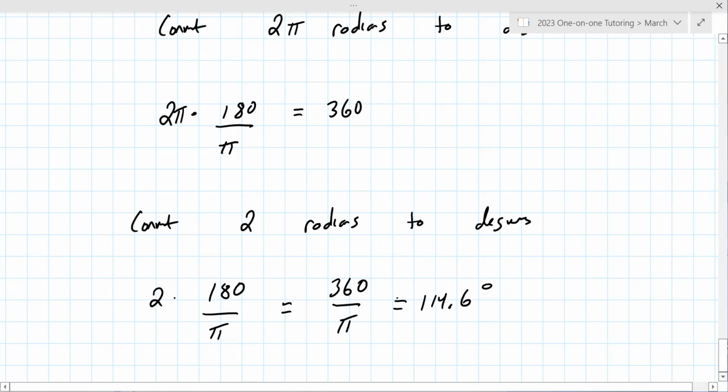Now, have you guys talked at all about the unit circle? I do not believe so. Okay, so let's try another one. Convert 1.2 radians to degrees.